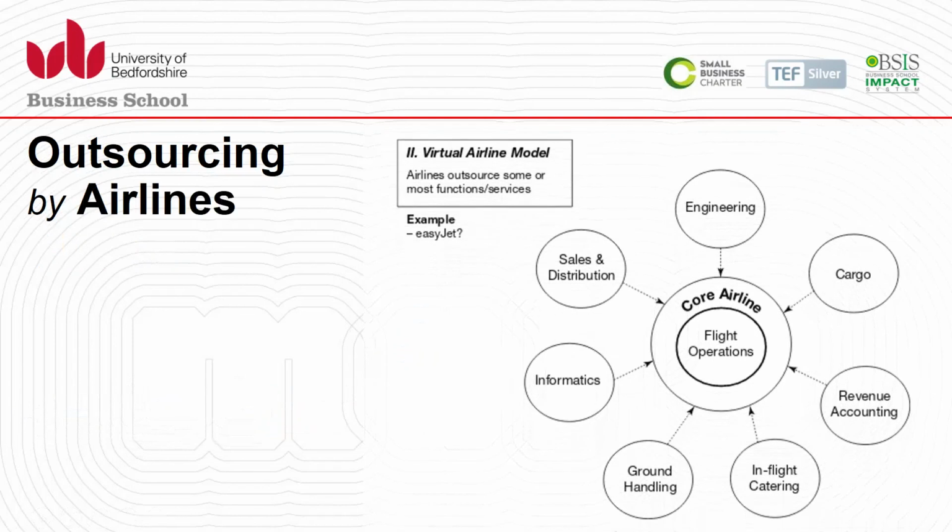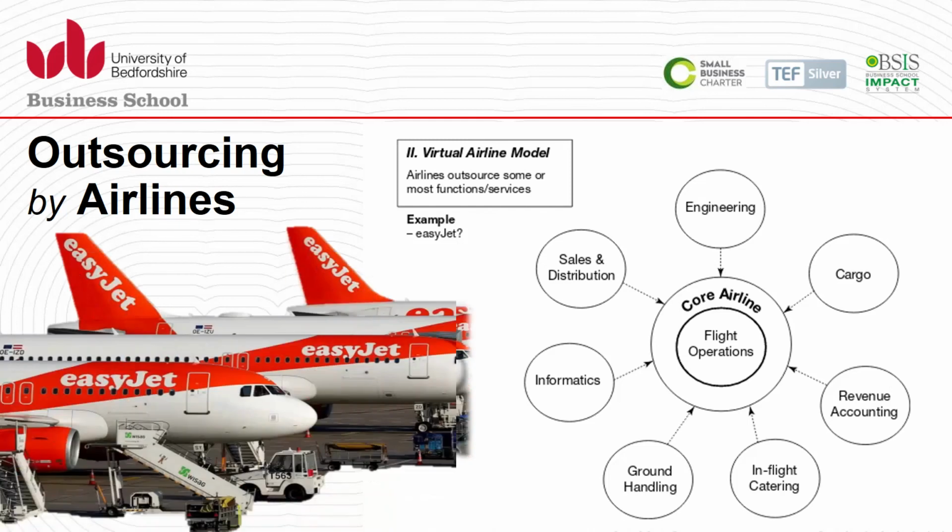When you take the example of the core airline, flight operation can also include engineering along with cargo and in-flight catering. So there can be a virtual airline model. For example, EasyJet is one example of an airline that sources some or most of its functions or services, and that can be done as a virtual airline. So that's very interesting, how organizations can create long-term relationships and how they can become more cost effective at the same time when they go for outsourcing.